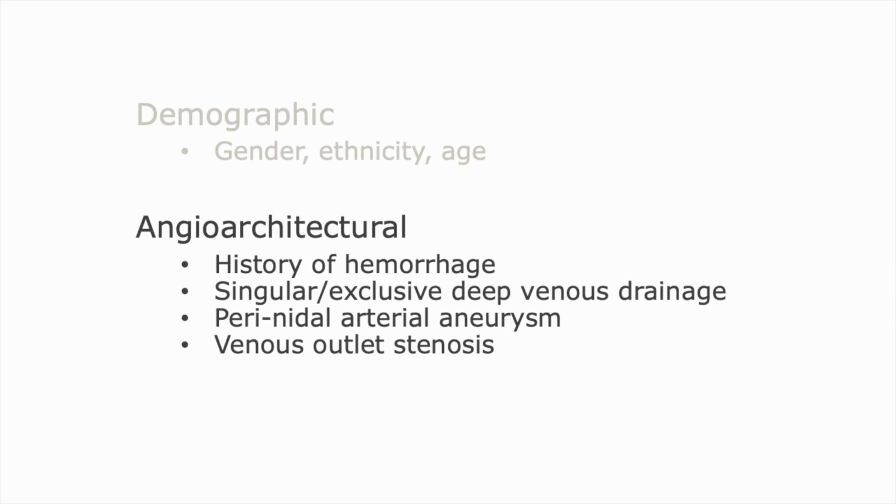Most importantly, the history of a prior hemorrhage portends the highest risk of future hemorrhage. Singular or exclusive deep venous drainage appears to also confer a higher risk of hemorrhage. Perinidal arterial aneurysms, either within the nidus itself or along one of the feeding arteries, and finally, venous outlet stenoses or dilations may also portend a higher risk of hemorrhage.